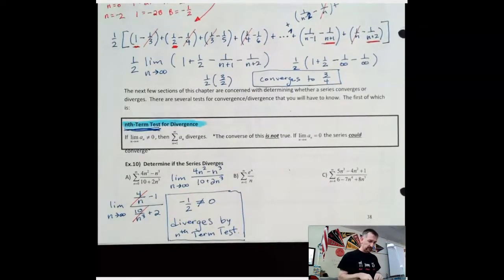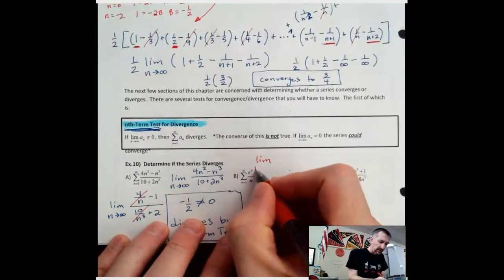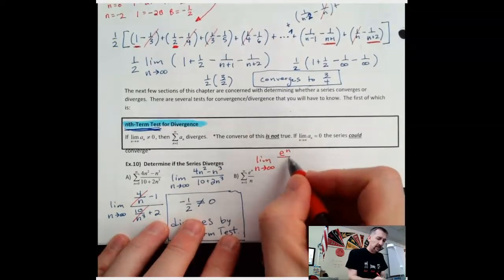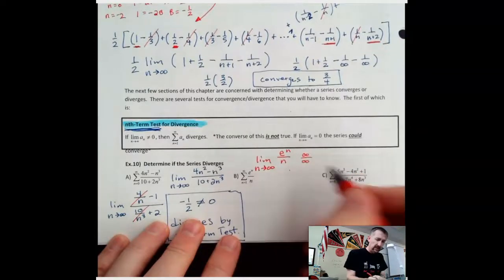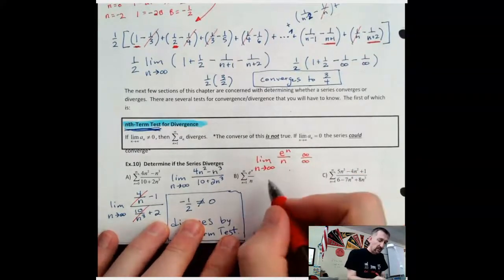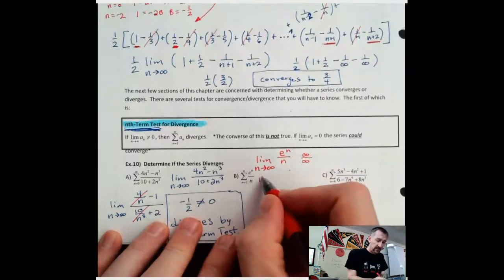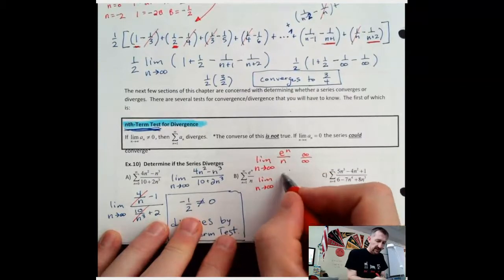Okay, so now we want to find the limit as n approaches infinity of this. Okay, so that's going to be infinity over infinity. So what we want to do here is take the derivative, use L'Hopital. So we're going to take the derivative of both of those. The derivative of e to the n is e to the n.